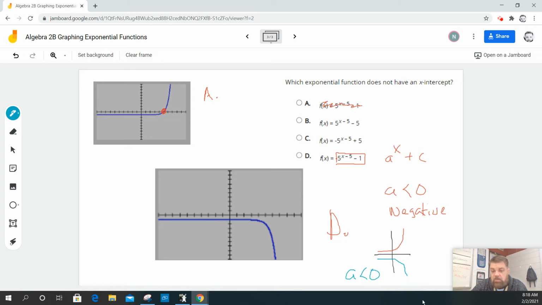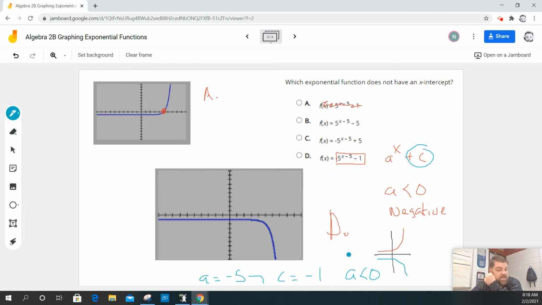It flips it down. The c term is your shift. So because a equals -5, it's going to curl down. And then because c is equal to -1, it's going to shift this whole function down.